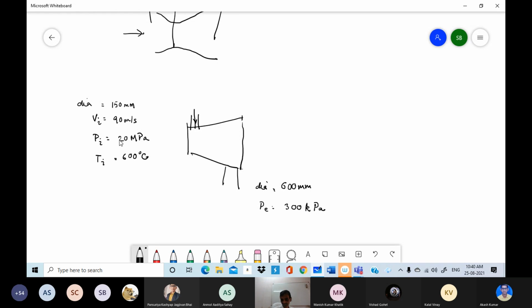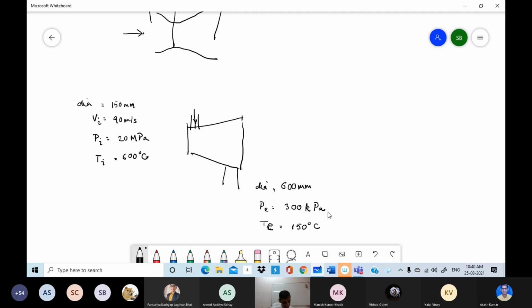So the pressure has dropped. That is what happens in a turbine. And simultaneously it has also dropped in temperature. Why it will drop in temperature involves thermodynamics, which we have still not studied. So at the moment we'll take it as given that TE is 150 degrees centigrade.